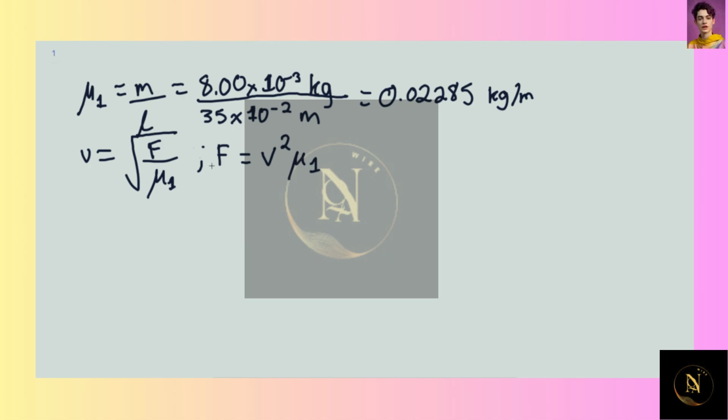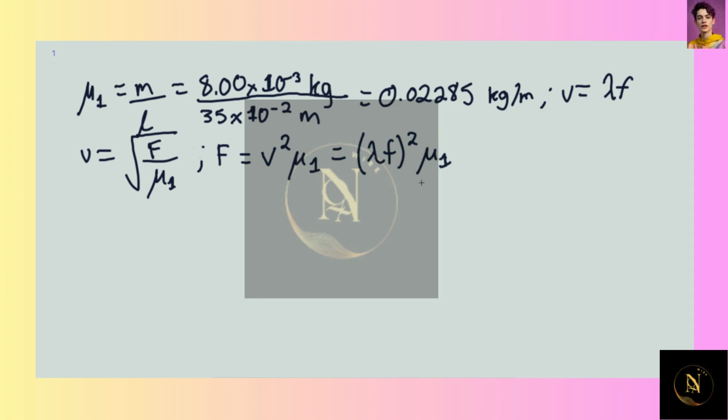And we know that V, as an aside, is lambda f. So V is equal to the wavelength times the frequency, and then we'll square this, and then times the linear density.